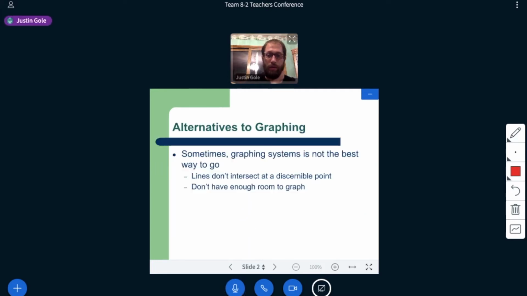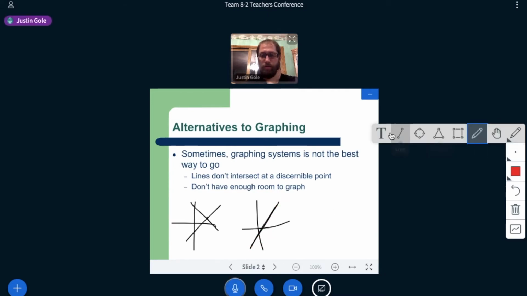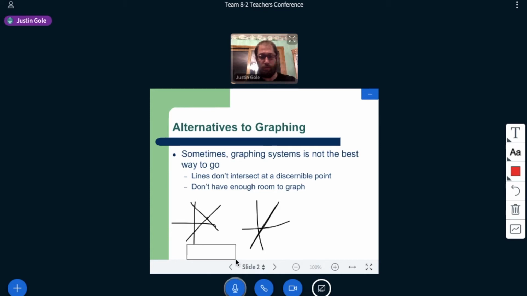So, the alternative to graphing, and just a little review on graphing. We did a little bit of graphing last week, but when you graph a system of equations, you graph both lines, and you're going to get one of three things. They meet, and that is your solution, so we could see one solution.